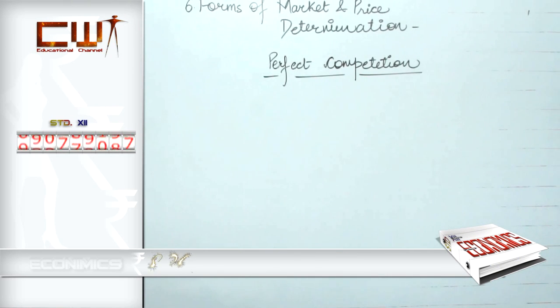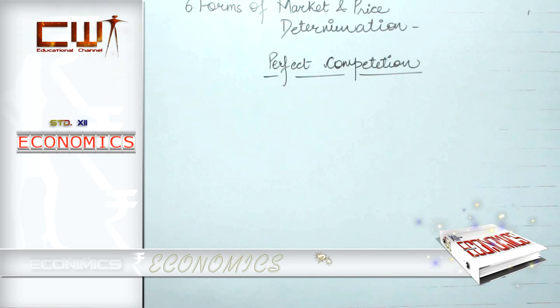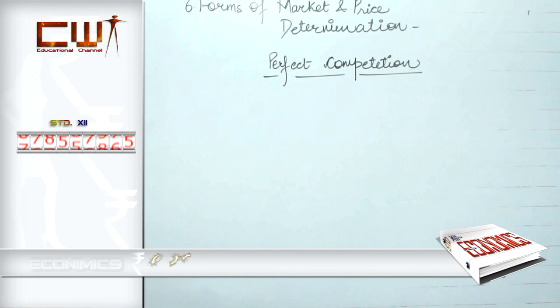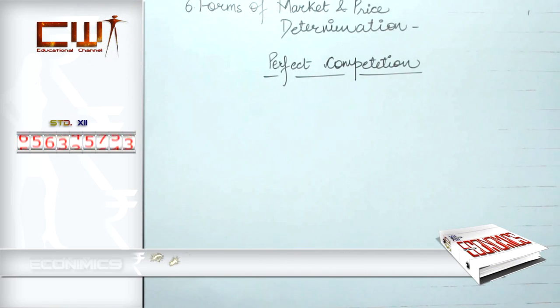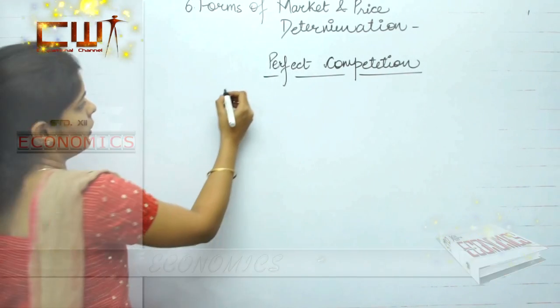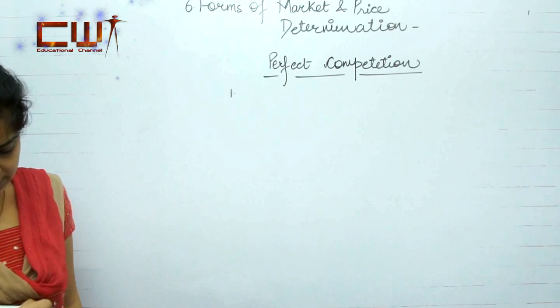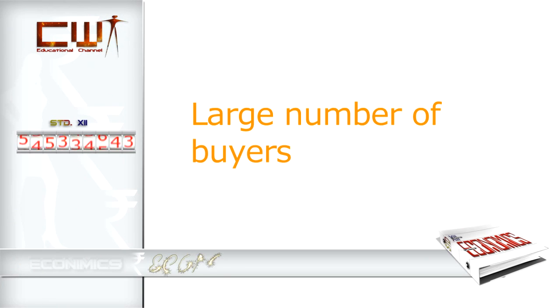Perfect competition is a market situation where there are a large number of buyers and sellers buying and selling a homogeneous product at a single uniform price. Alright, we will study the features of this perfect competition first of all. First feature is large number of buyers and sellers.